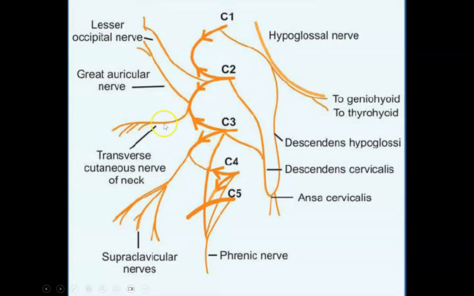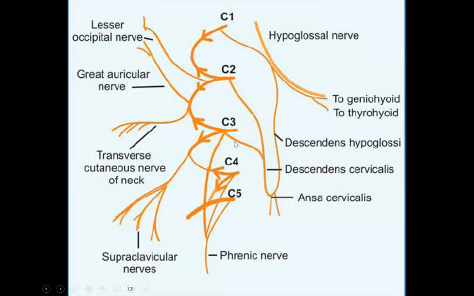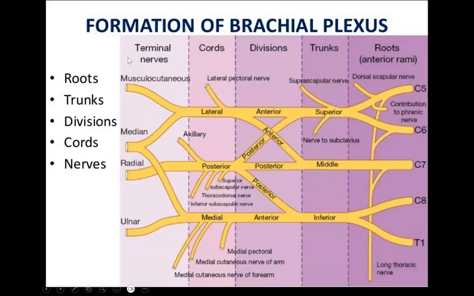and again descendens hypoglossi, descendens cervicalis, ansa cervicalis, and the phrenic nerve from C3, C4, C5, and the cutaneous branches, as we said, and the brachial plexus.